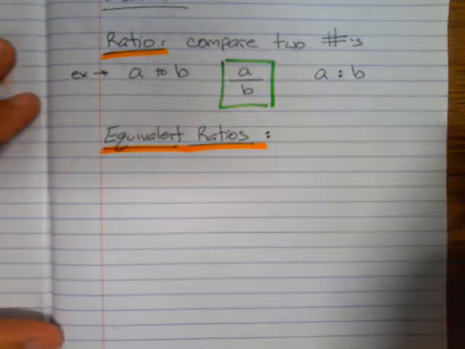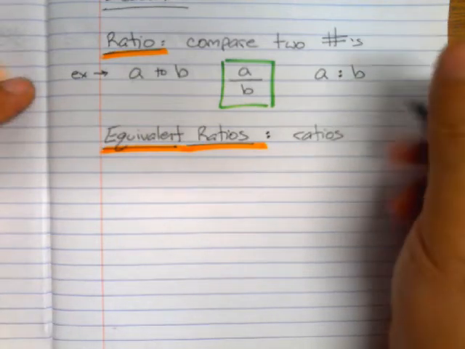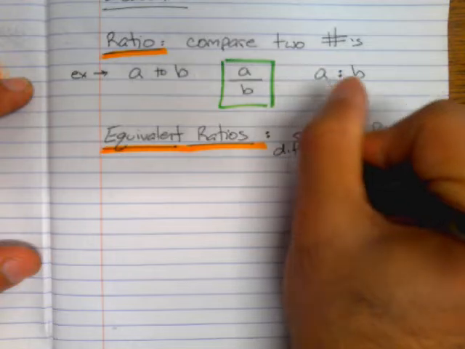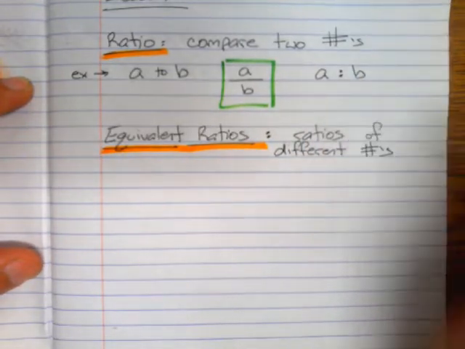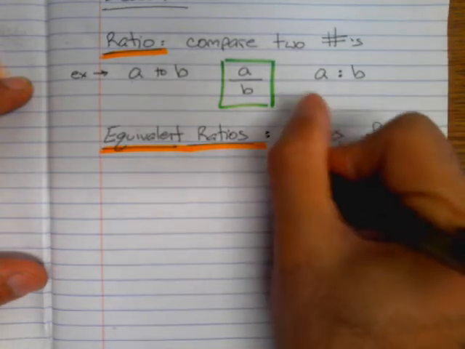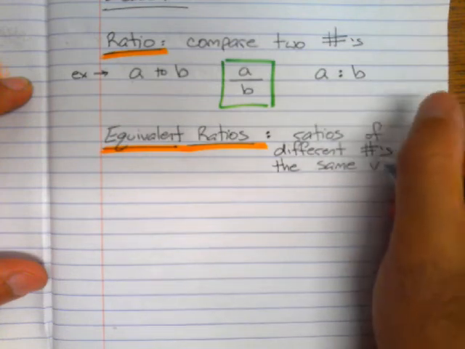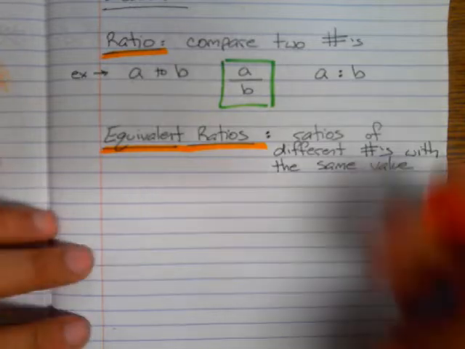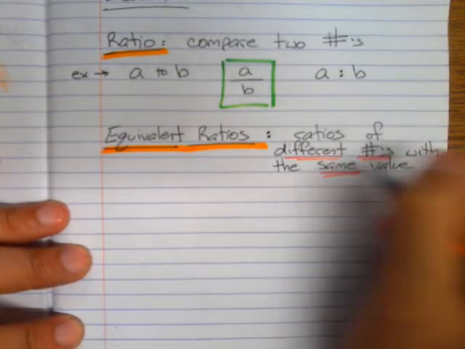Equivalent ratios are ratios of different numbers with the same value.